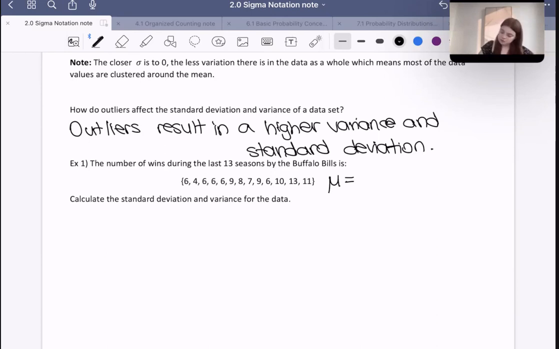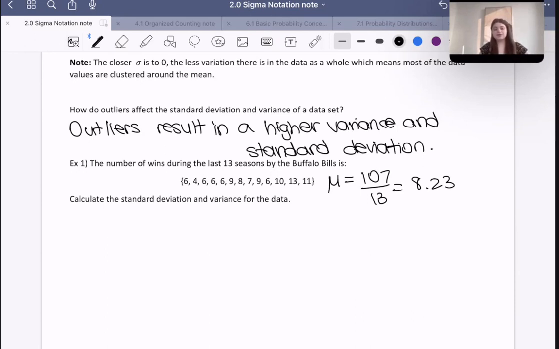Let me grab a calculator and punch in all those numbers: 4 plus 6 plus 6 plus 6 plus 6 plus 9 plus 8 plus 7 plus 9 plus 6 plus 10 plus 13 plus 11. Press equals, then divide by 13, and we end up with approximately 8.23. So that's our mean, 8.23.